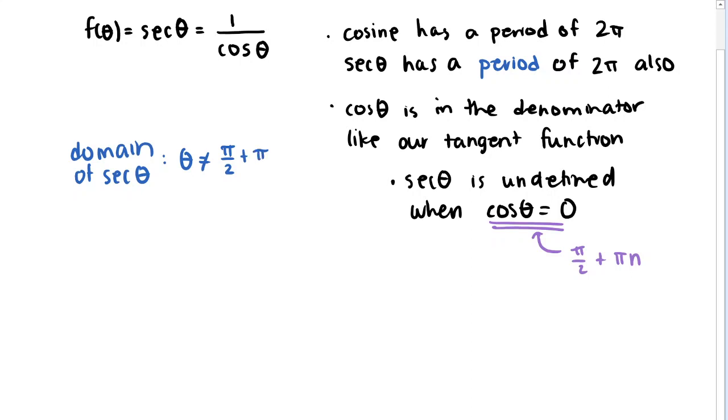So pi over 2 plus pi n, where n is some integer. These are the values of theta that we want to exclude from the domain, right? So really everything else is fair game to plug into our secant of theta except for these values here.